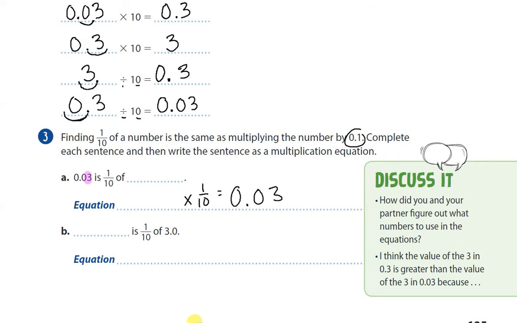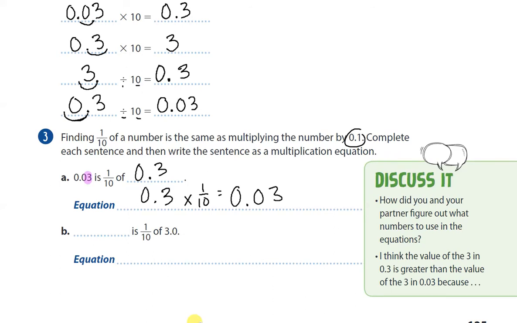Multiply by 1/10. Multiplying by 1/10 is the same as dividing by 10, so that's going to be 0.3. 0.3 times 1/10 is 0.03.